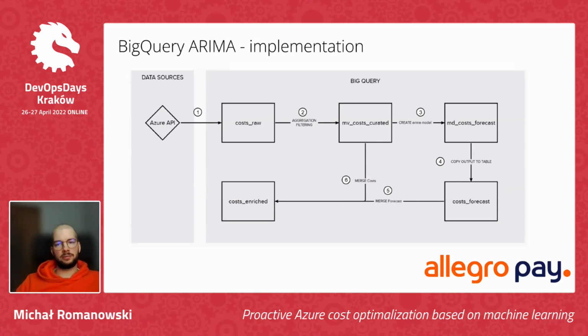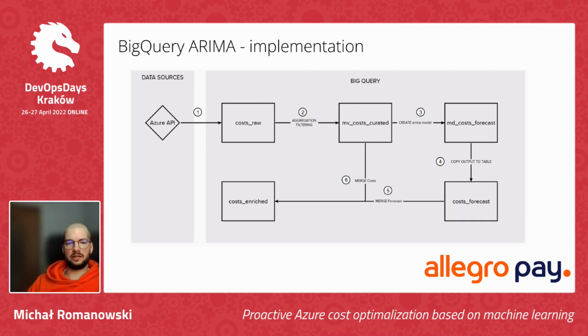Here I've got a graphical representation of the ARIMA model from the BigQuery perspective. On the left-hand side, we've got Azure API, which is the Cost Management API. In the first step, we are gathering the data from the API, and we are putting the data into the costs raw table. That process was described in the first part of my presentation. In the second step, we aggregate the data and filter out some records that we are not interested in.